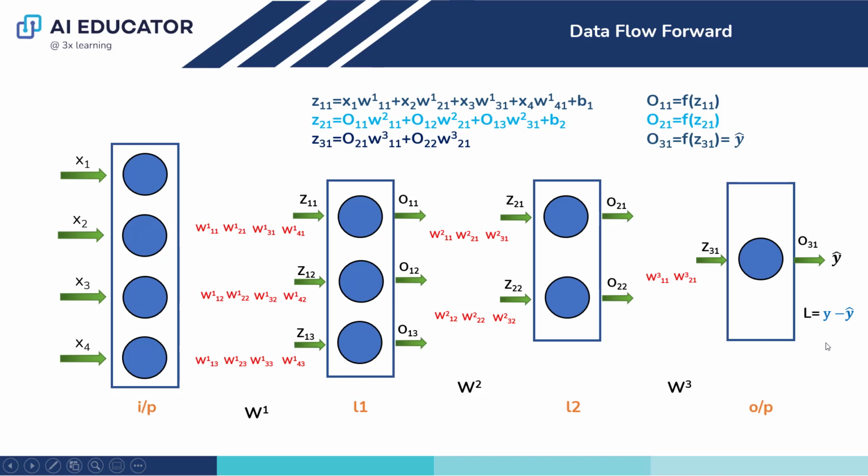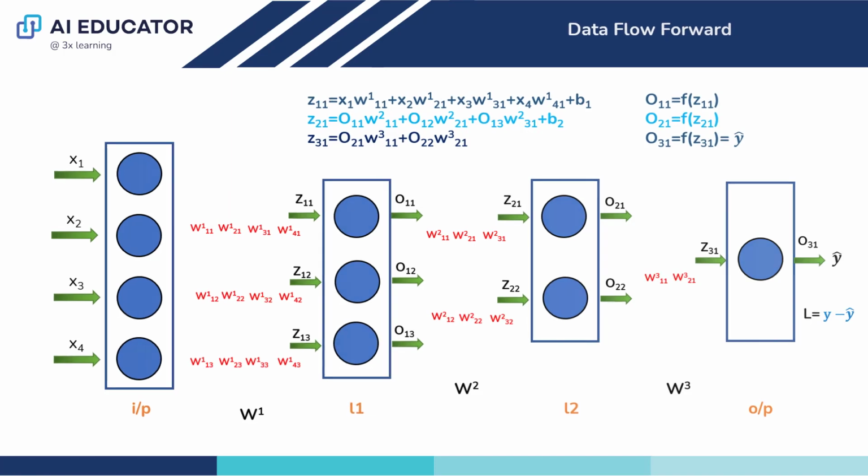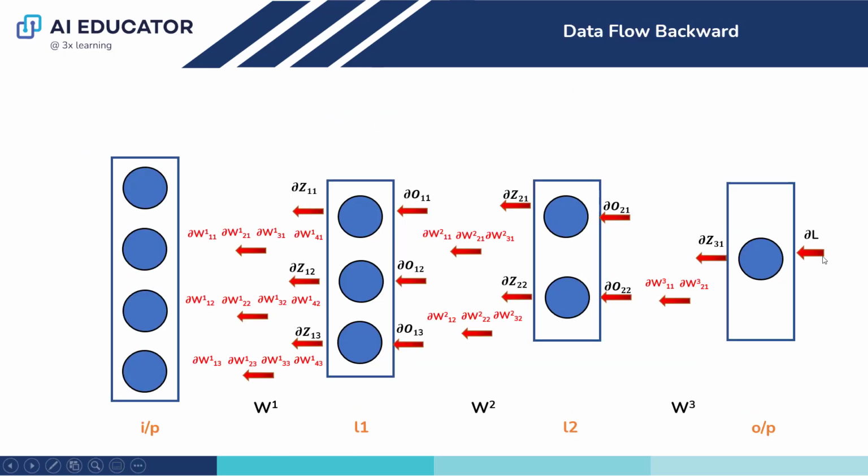Now let us look into the data flow in the backward direction. First, we find ∂L, the derivative of the loss. Then we'll find the derivative with respect to Z31. Then we'll differentiate the weights in that layer.